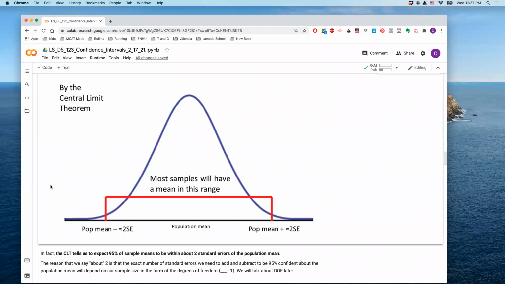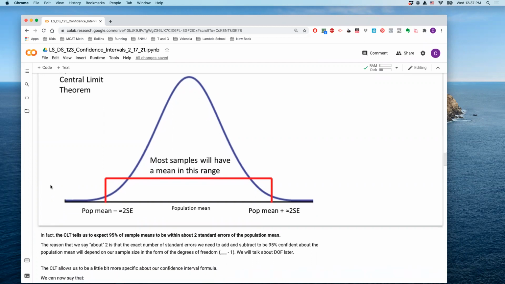So we're just rephrasing that. We're saying, okay, we know that 95% of samples ought to have a sample mean within plus and minus 2 standard errors of the population mean.